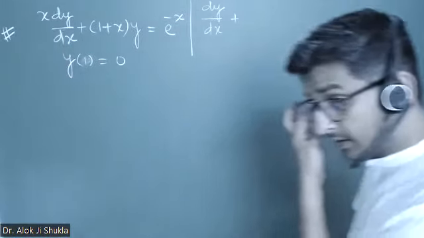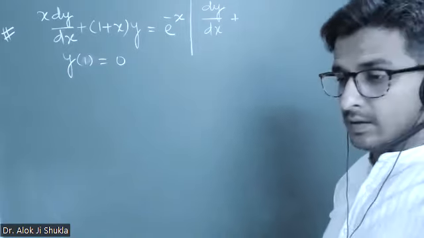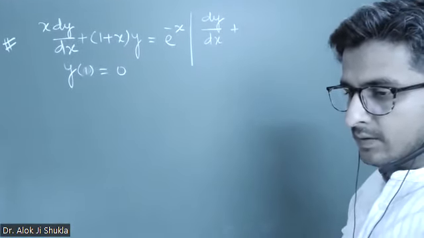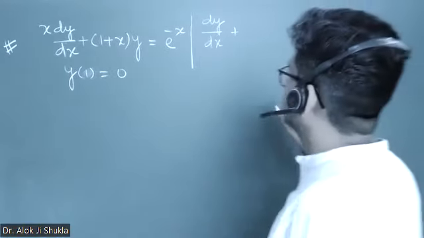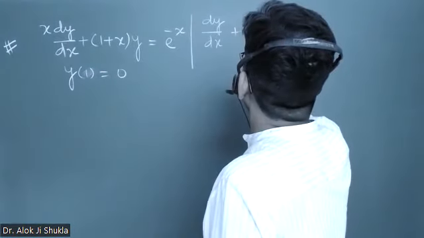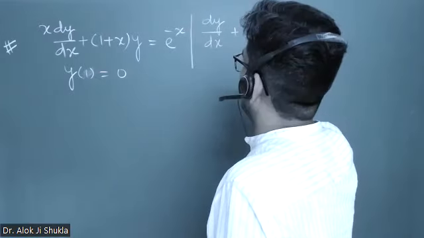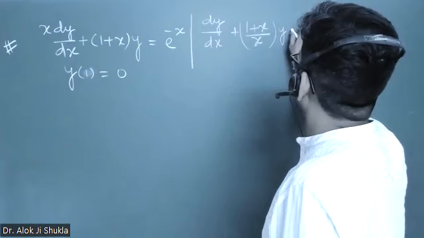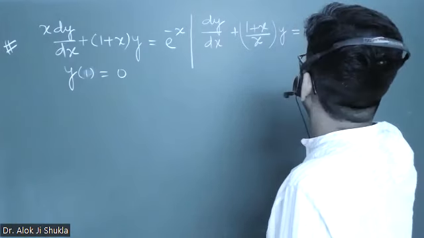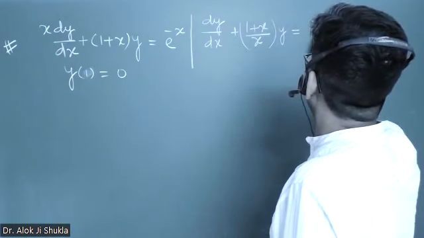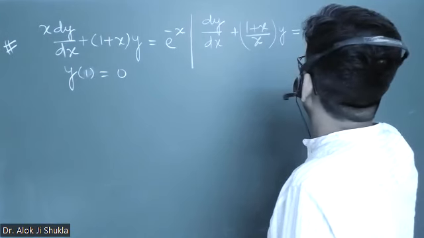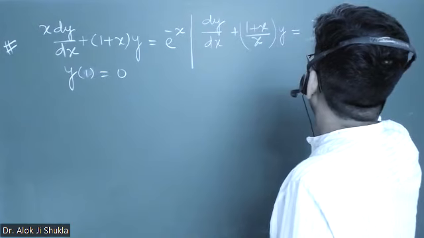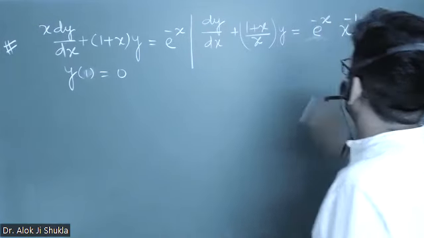Okay. So dy by dx plus (1 plus x) by x into y is equal to e to the power minus x over x, into x to the power minus 1.